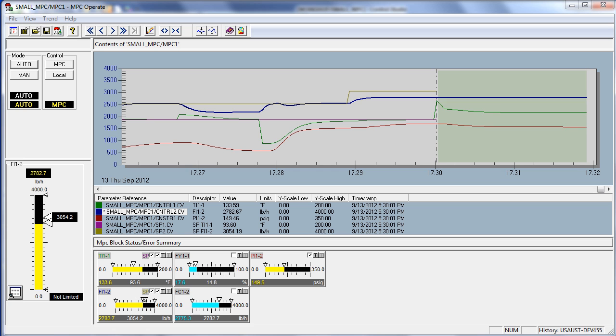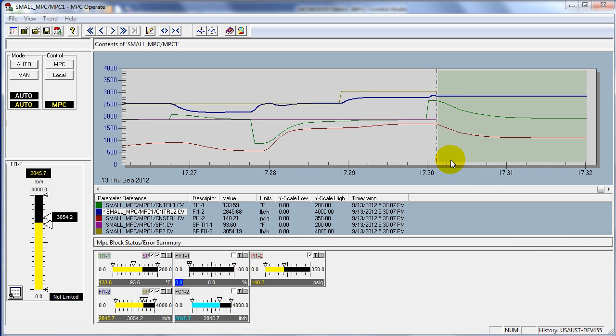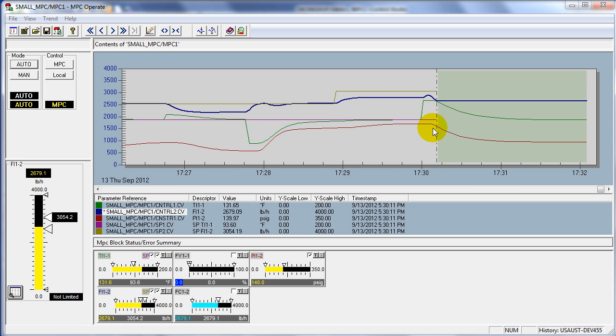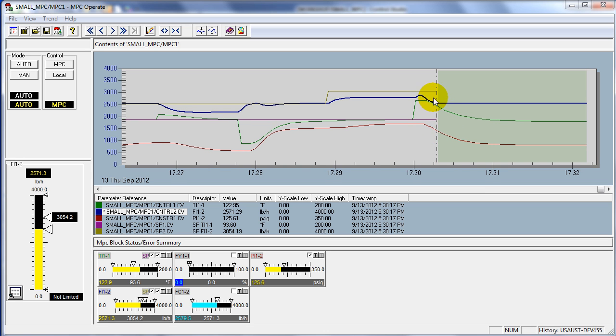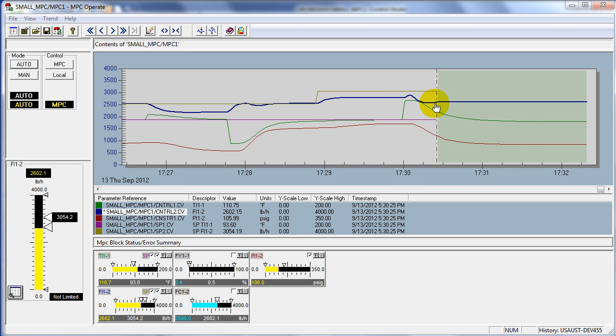So our temperature immediately shoots up because we have lost cooling capacity. As a result, the MPC is going to automatically reduce the throughput of the unit. So here's a case where we were under pressure constraint, but due to a process disturbance, we're now operating under the cooling capacity constraint.